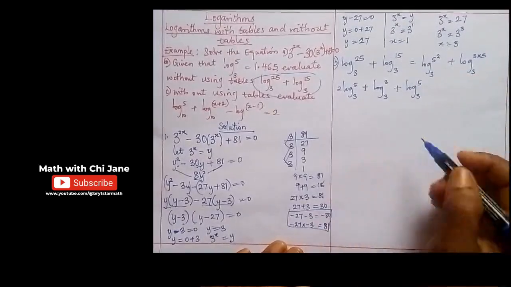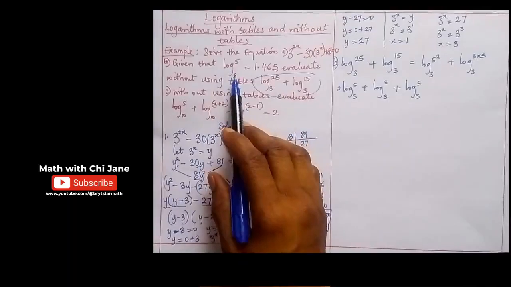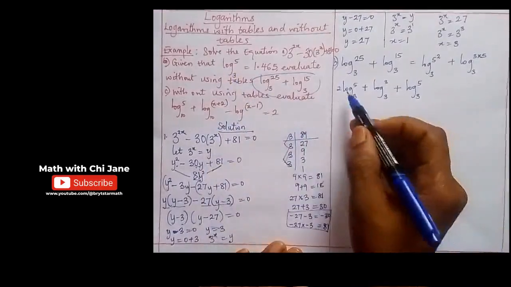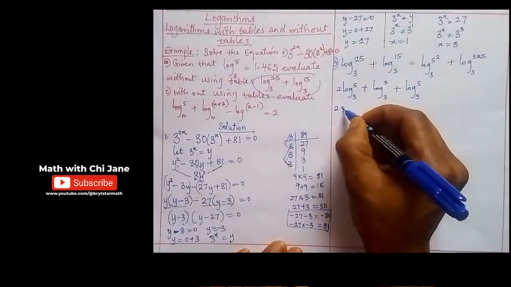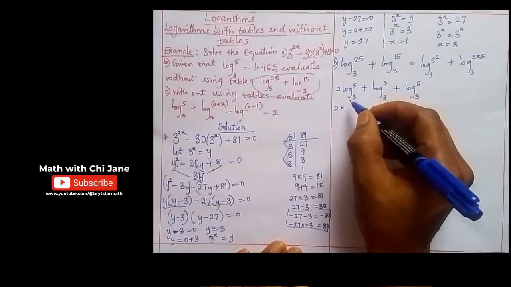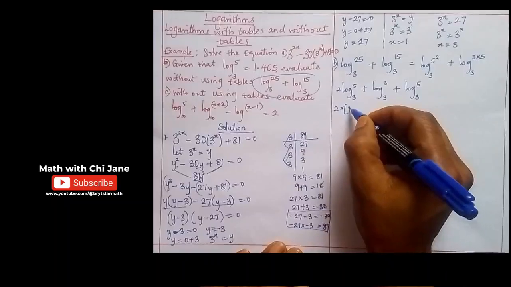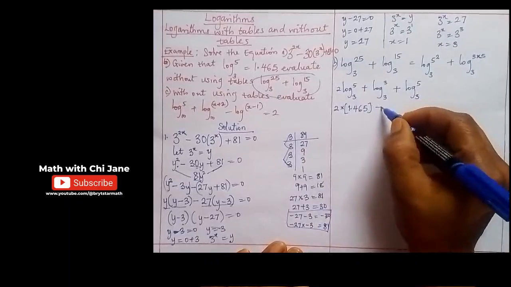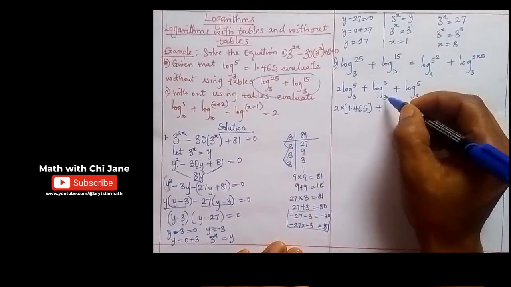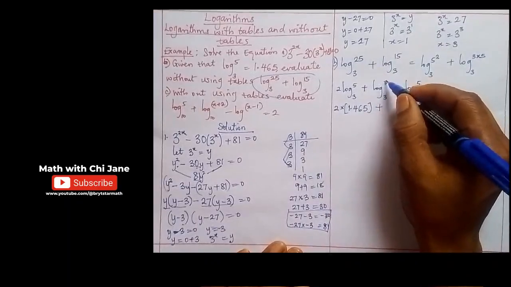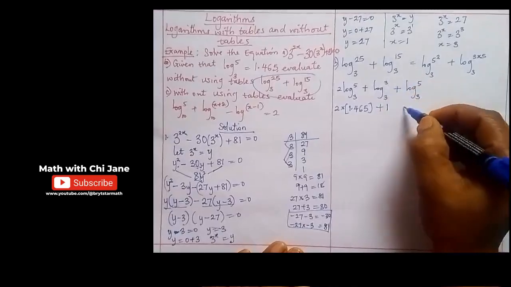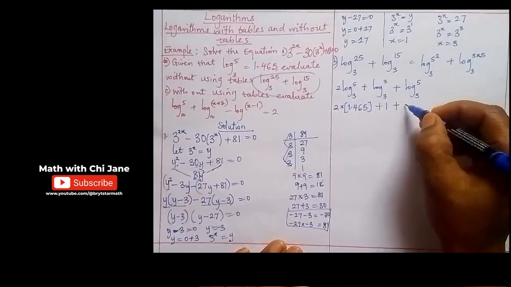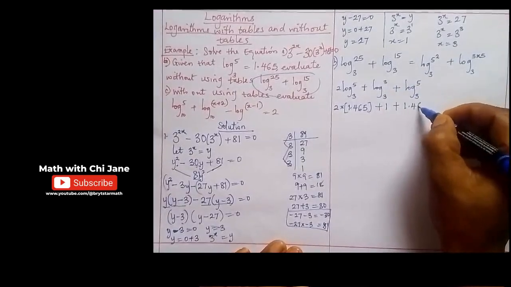So recall that log 5 base 3 is 1.465, so I'll replace this one. It is now 2 times 1.465 plus log 3 base 3, which is 1, plus log 5 base 3, which is still 1.465.